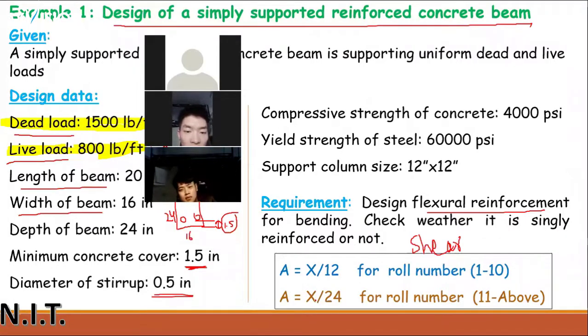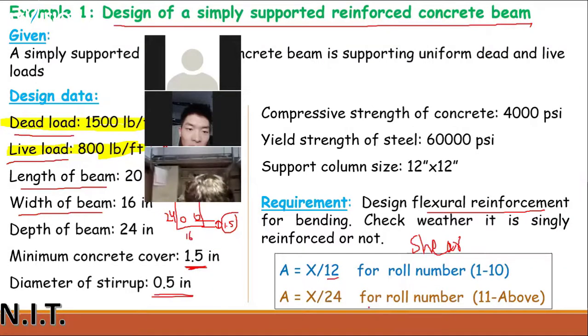The students whose ID number is less than 10 have to divide it by 12. And those whose ID number is 11 and above have to divide it by 24.